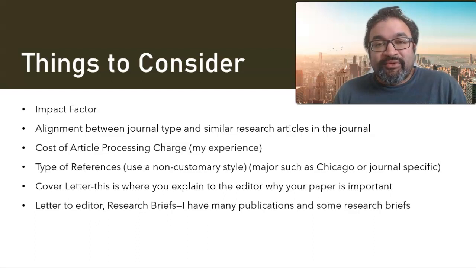So the next thing to look for is, are your objectives truly aligned with the mission or the understanding of the type of subject areas that are focused on. So it's important to align those things to make sure that this is the right journal. You also can measure this by looking into other articles that may have been written in the same subject area.